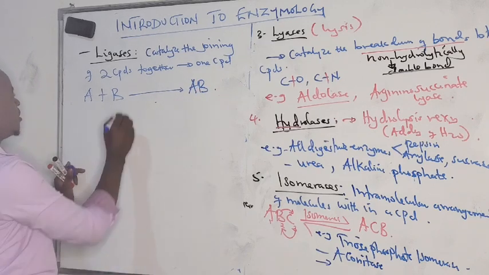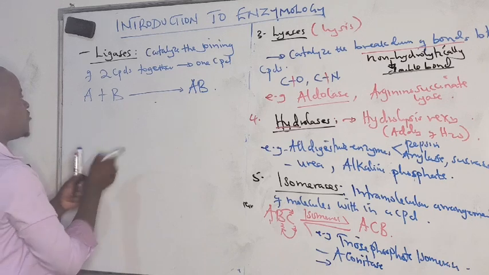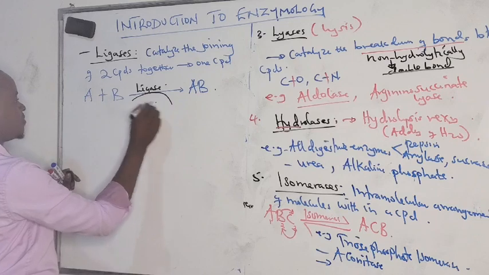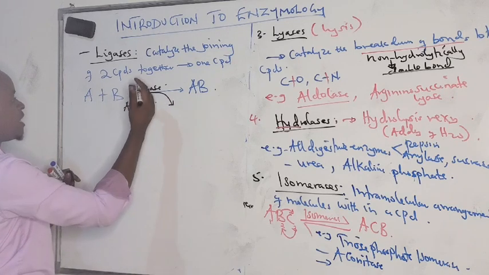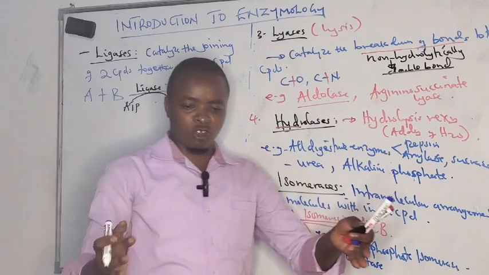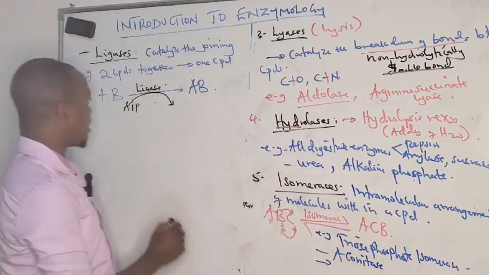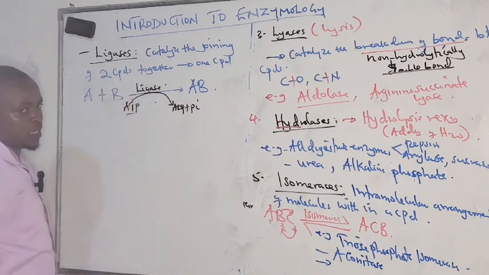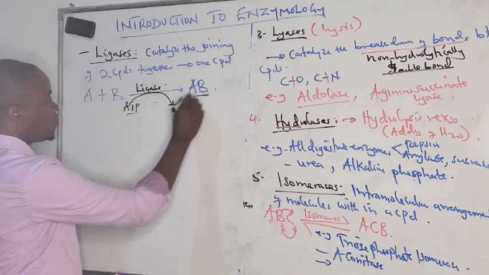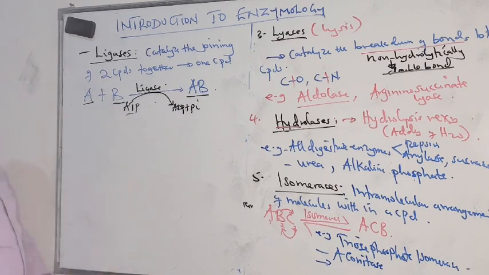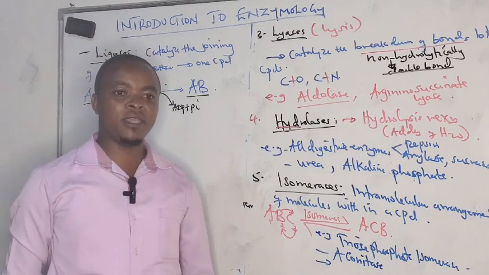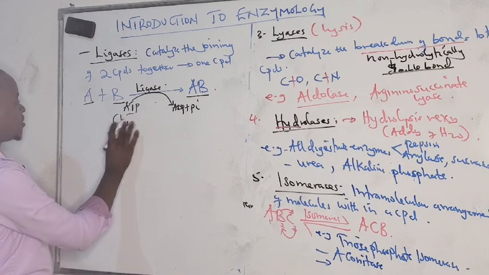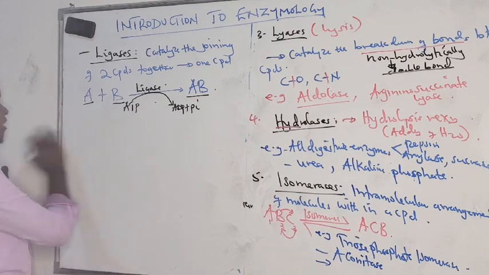But this reaction of ligases involves hydrolysis of ATP, because we need energy. As I told you in the beginning, to join two compounds, you need energy. And this energy is provided by ATP, and we form ADP plus inorganic phosphate. We had two compounds A and B, and the final result is one compound AB in the presence of a ligase, which involves hydrolysis or breakdown of ATP.